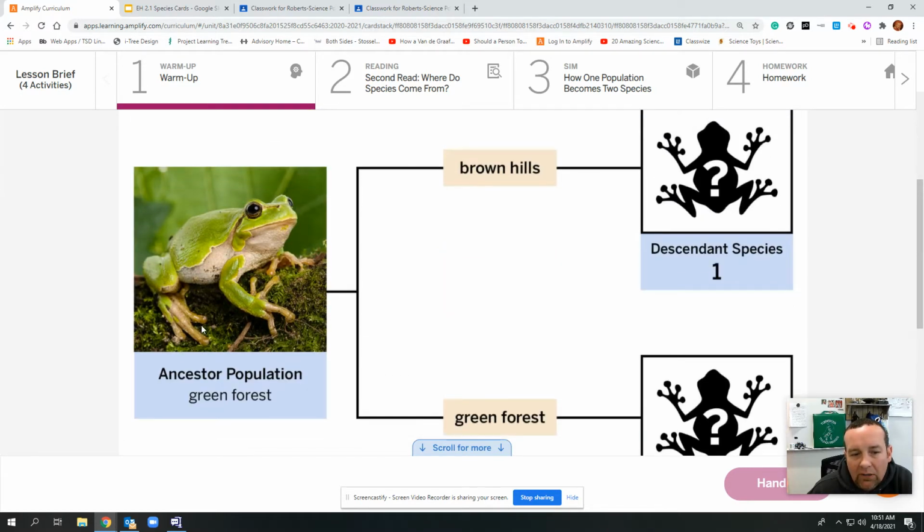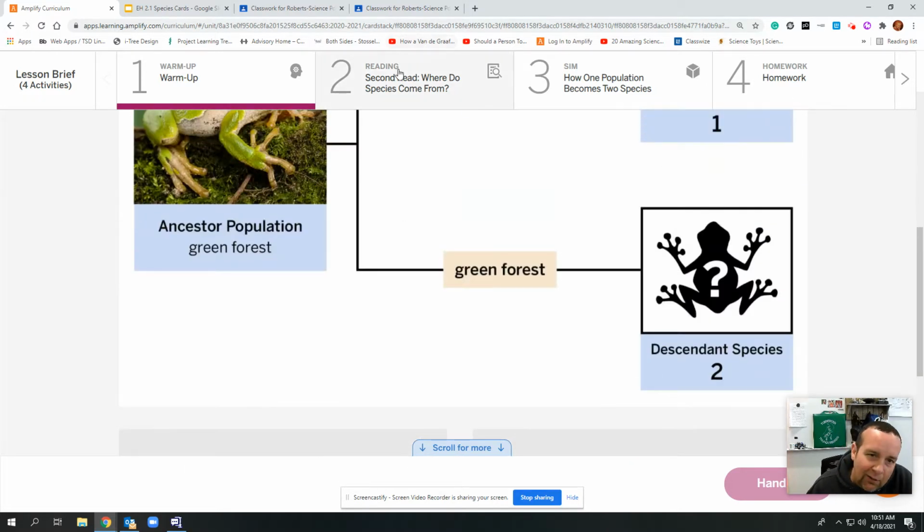The ancestor population and the descendant species share a common environment, so adaptive changes to that environment are less likely to occur, because the ancestor population frog is already adapted to that environment. So we should choose the different environment. Certain adaptations in that environment may be different just based on the pressures from that environment. Okay, now we can go on to part two.